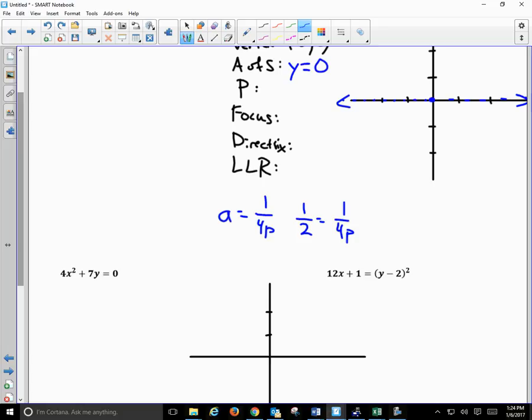It's a half. If you can't see it's a half, cross multiply. 4p is equal to 2. p is equal to 2 over 4, or 1/2. Every time you have to use that equation. Yeah?